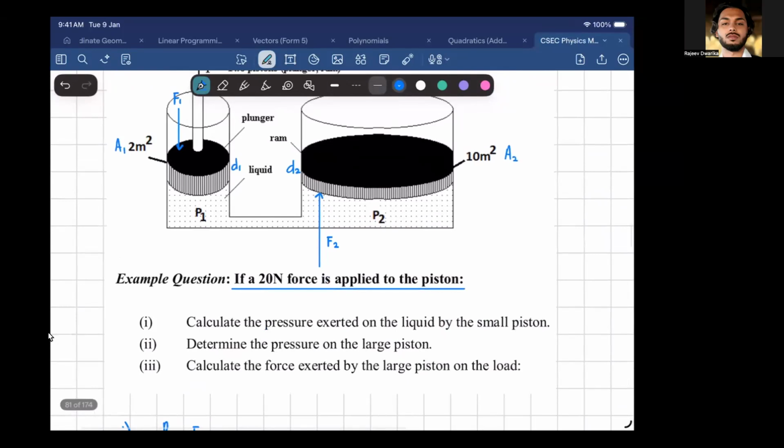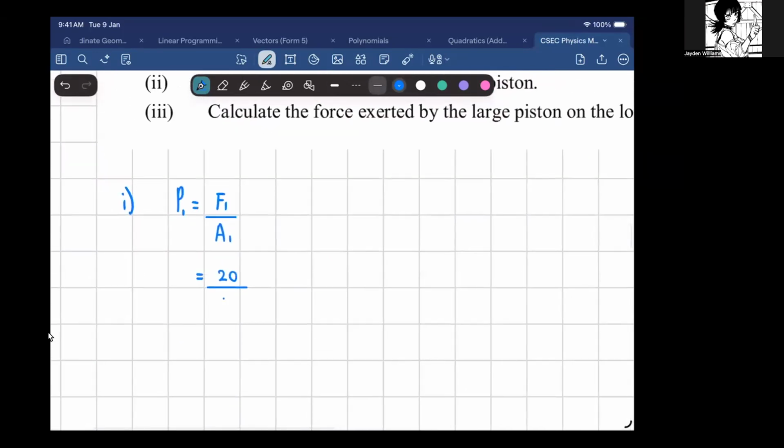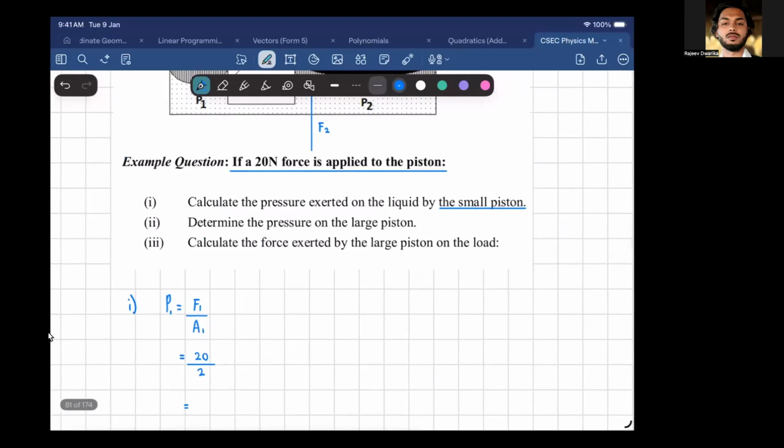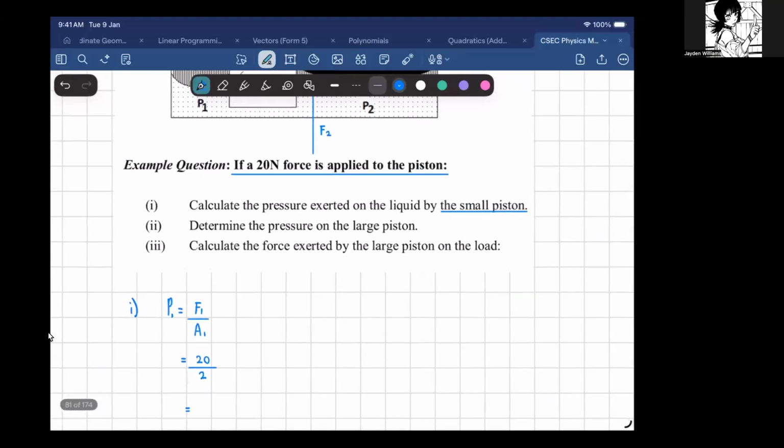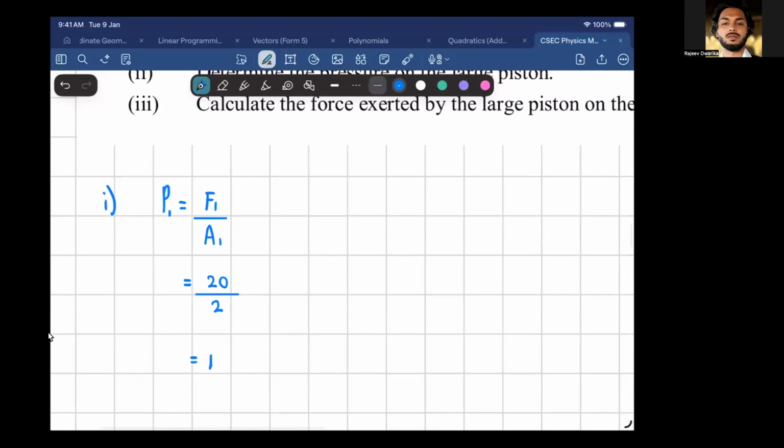No, the small piston. 2 meters squared, because it said the small piston. So what's the pressure? It would be 10. What's the unit for pressure? Newtons. Nope. Oh, Pa, pascals. Pascals, yes.